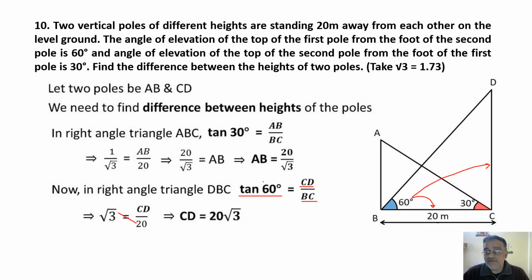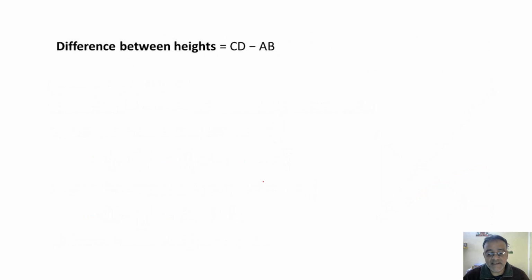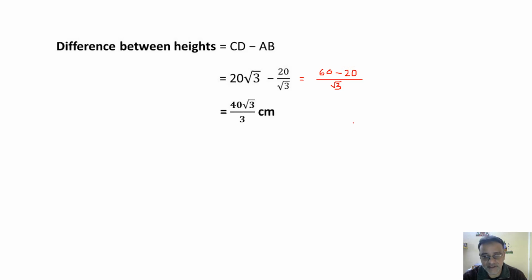Now we need to find the difference between these heights. CD is bigger, so CD minus AB, 20 √3 minus 20 upon √3. If you take LCM, you will get 20 √3 into √3, which is 60, 60 minus 20, so we get 40 upon √3.